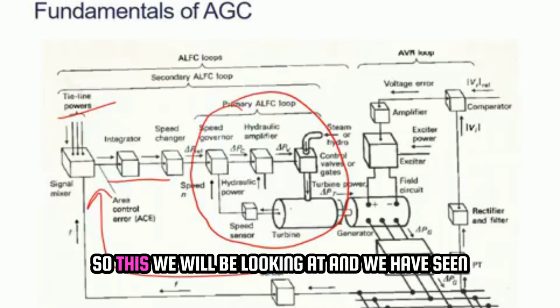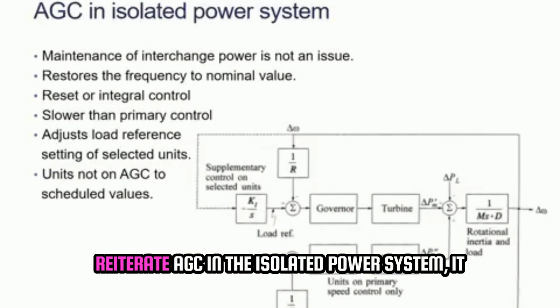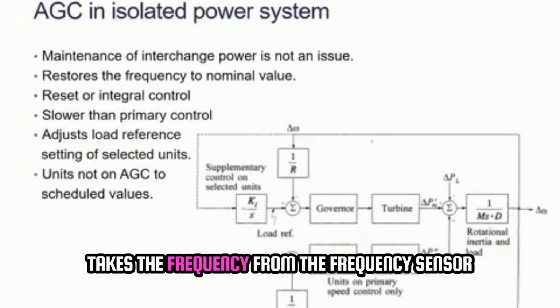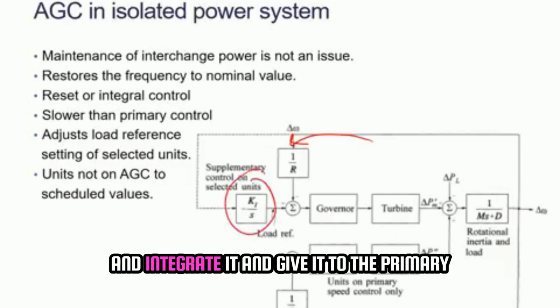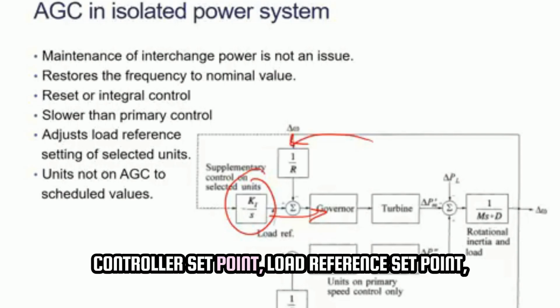We saw in the last class that AGC in an isolated power system takes the frequency from the frequency sensor, integrates it and gives it to the primary controller's load reference set point.